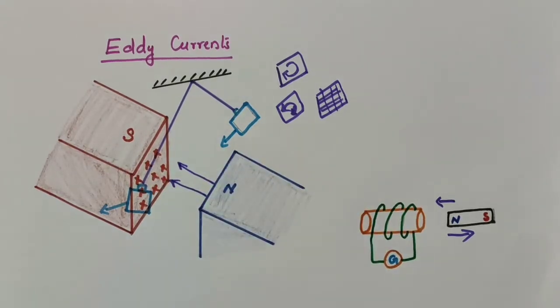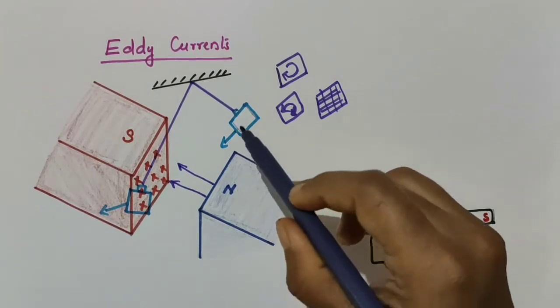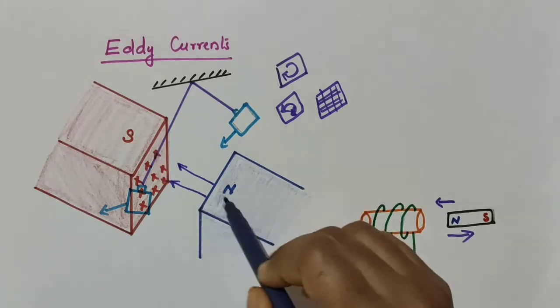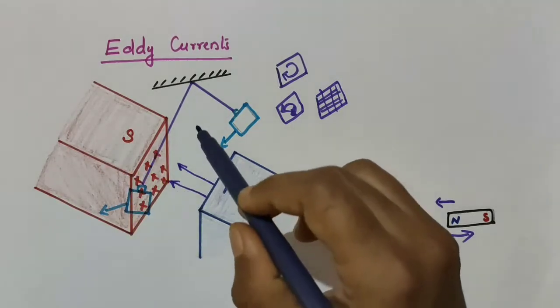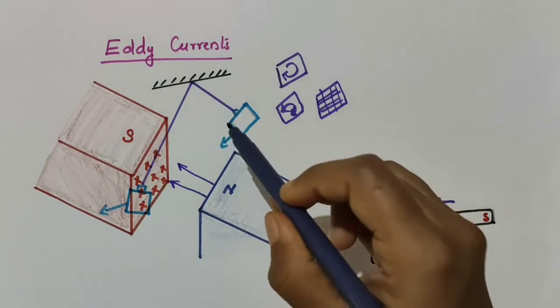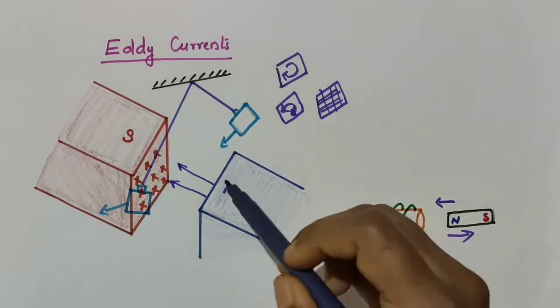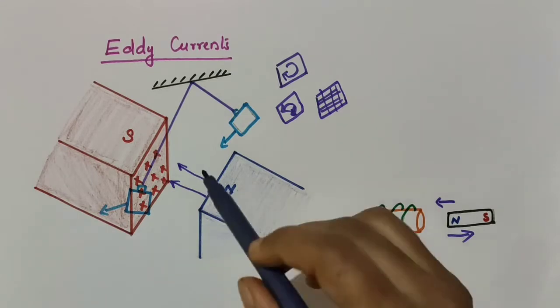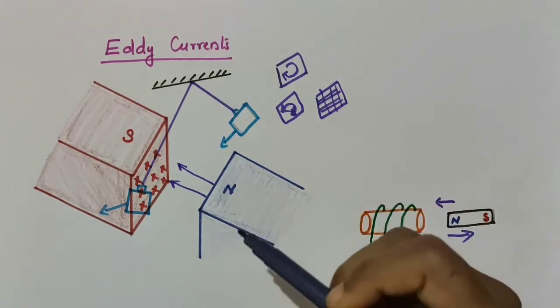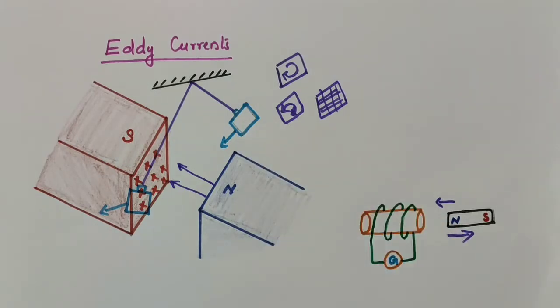Now when this copper plate moves into the region between the magnetic poles, and when it moves out of the region between the magnetic poles, the magnetic flux associated with this copper plate keeps on changing. This change in flux induces an eddy current in the plate.